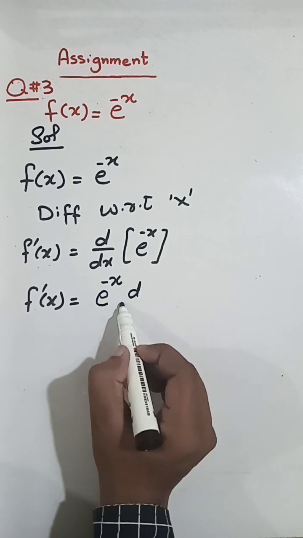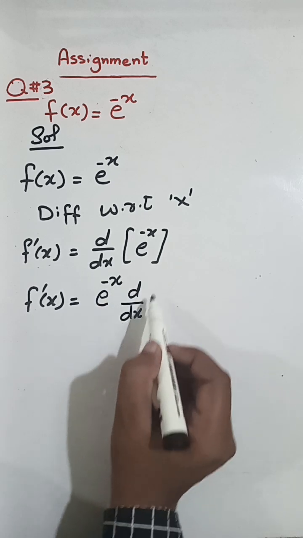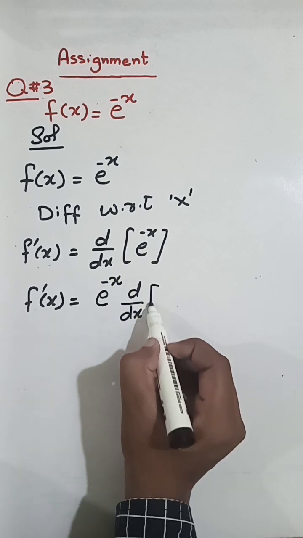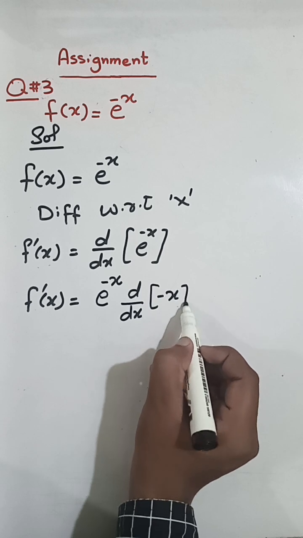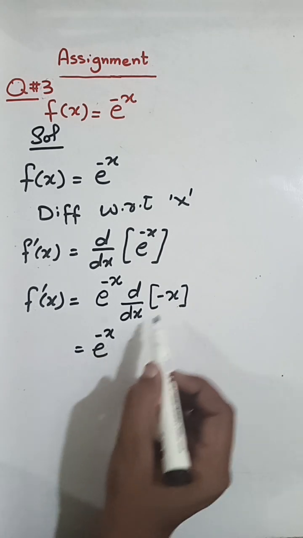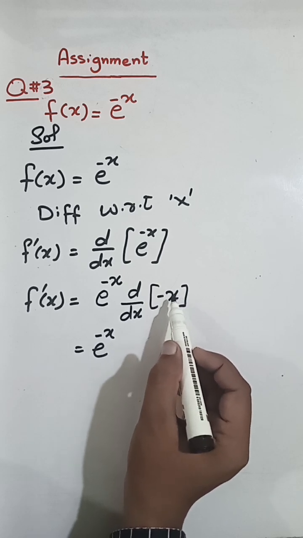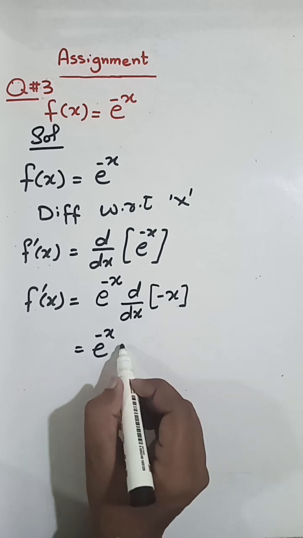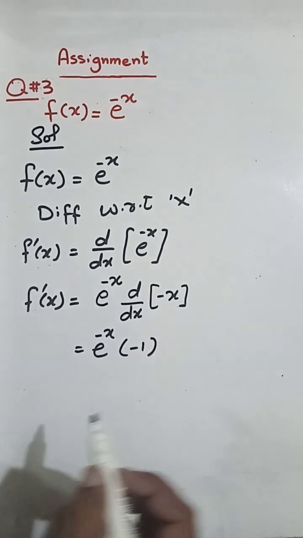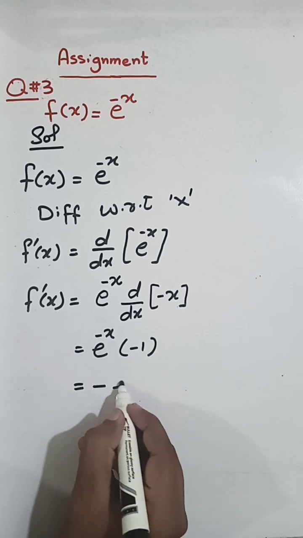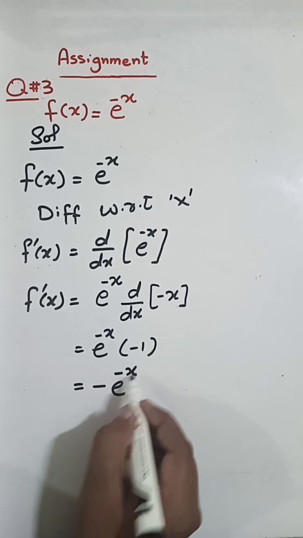After that, we find the derivative of the power, its exponent, that is minus x. The derivative of x, as you know, is 1 and this minus remains as it is, so finally we get minus 1. Minus 1 into e raised to power minus x is simply minus e raised to power minus x.